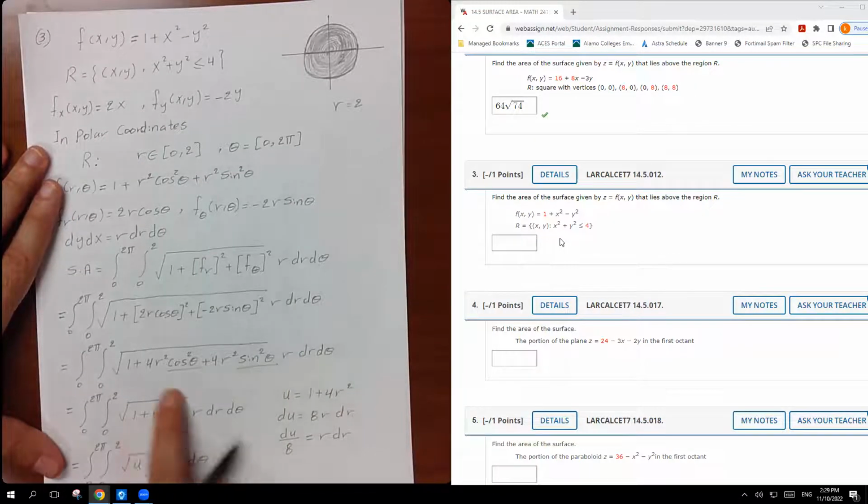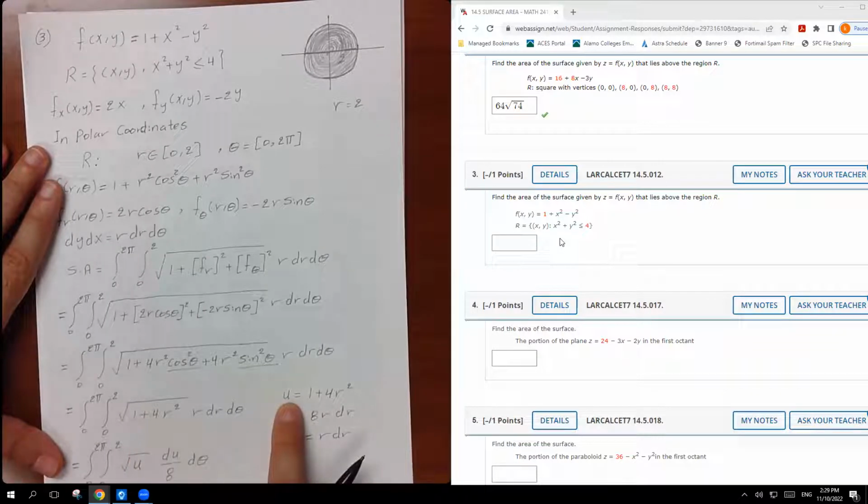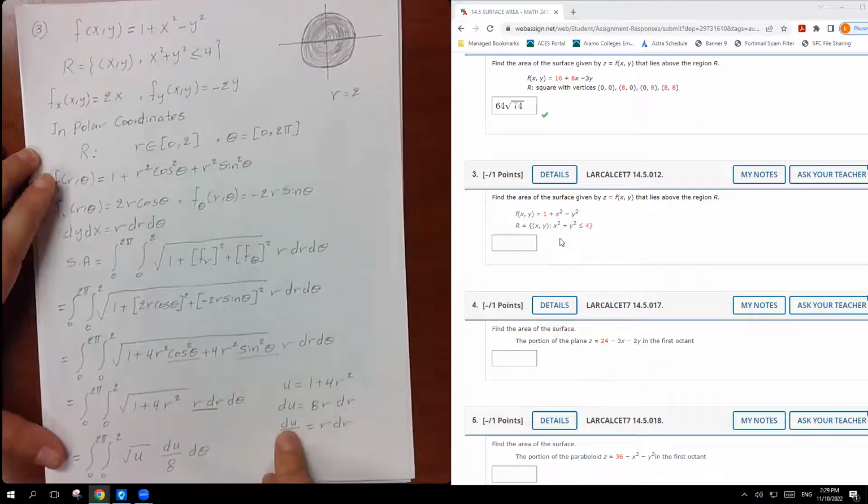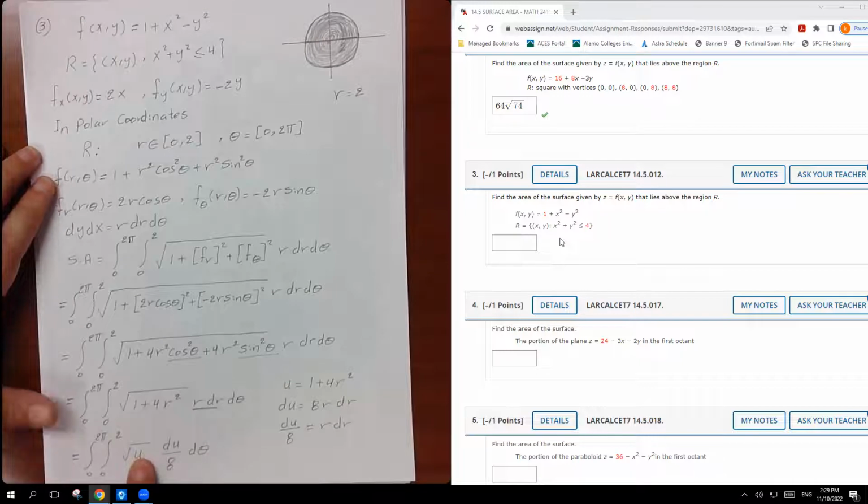Now I'm going to assume this one here is u. du is going to be 8r dr. Divide both sides by 8, so du over 8 is going to be r dr. We plug in u and du over 8, and take 1 over 8 as a constant. Now we need to find the integral from 0 to 2 of the square root of u du.